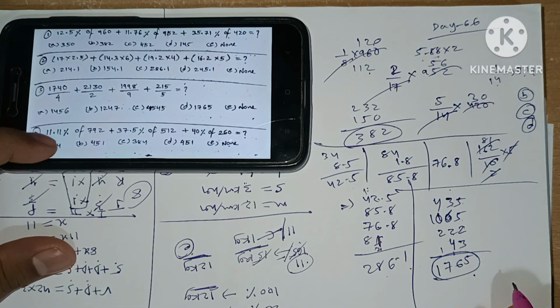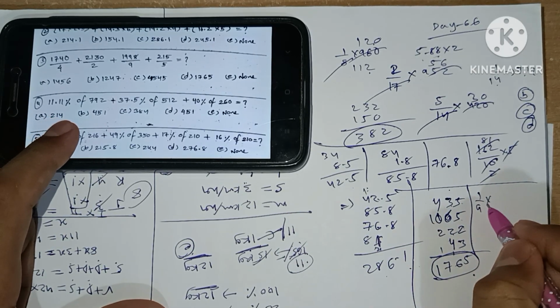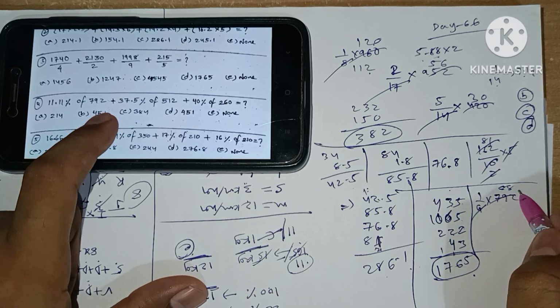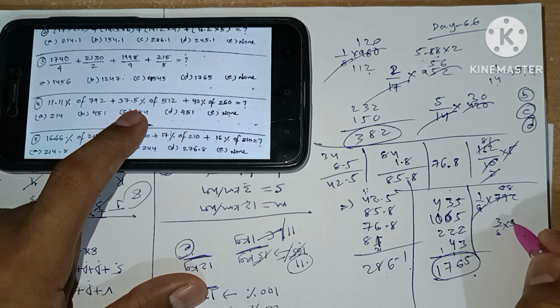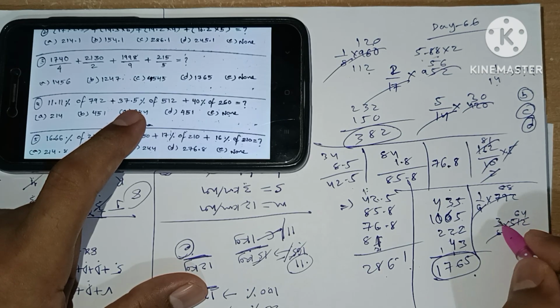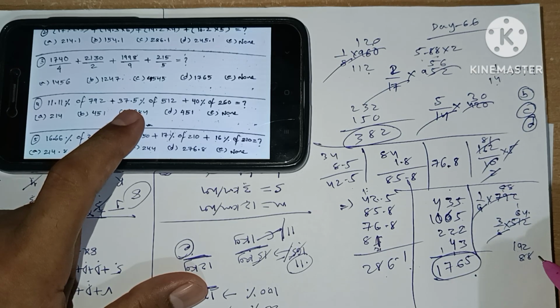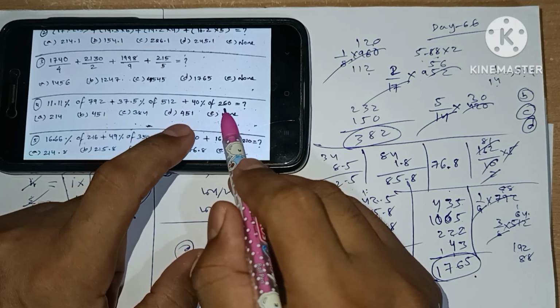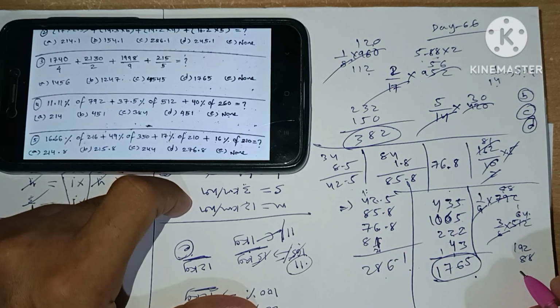Next, fourth question. 11.11% means 1/9. 1/9 of 792, 9 8 times 72, so we get 88. 37.5% means 3/8 of 512. 8 64 times, 3 4 times is 12, 3 6 times 18, so 192. 192 plus 88 plus 40% of 260, which means 4 into 26. 26 2 times will be 52, 52 2 times will be 104.